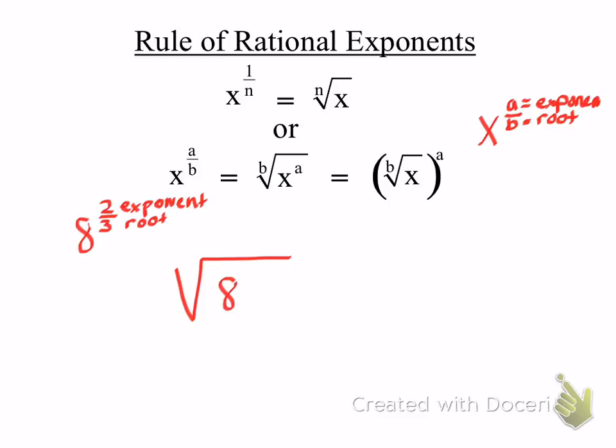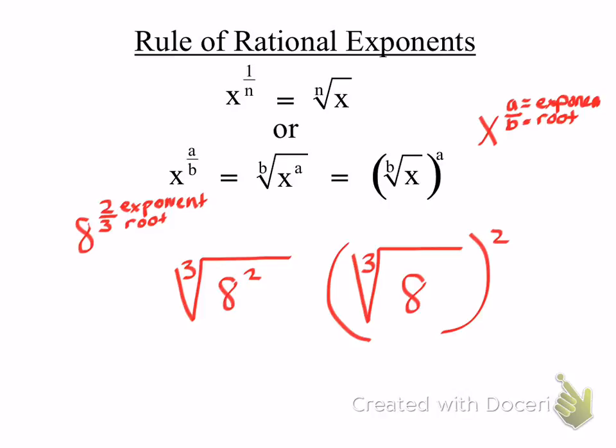And I can do this in a couple different ways. 3 is the root, so it's a cube root they're looking for. Now I can either put the exponent here, or I can write it like this: cube root of 8 squared. It doesn't matter if you take the root before or after. Whatever's easiest for you.